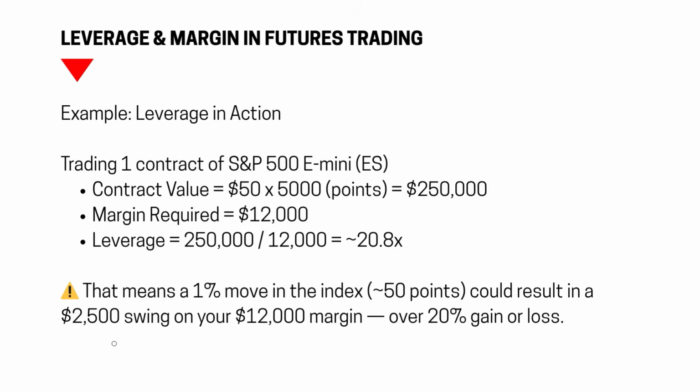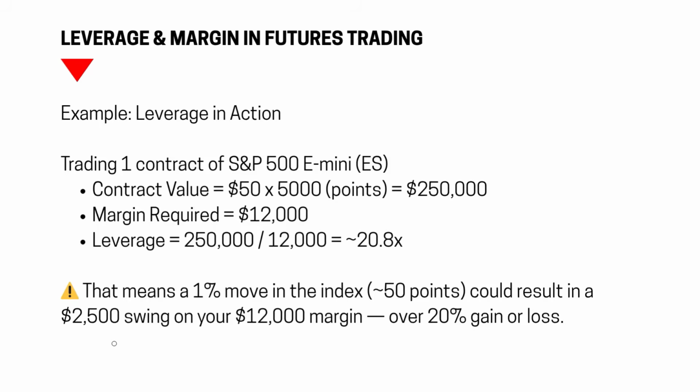But margin required is only 12,000 of that. So to work out your leverage, we've got the $250,000 value for the contract divided by the 12,000 margin, giving us 20.8 times leverage on that position. So you're only having to put down a small fraction to get that $250,000 exposure.